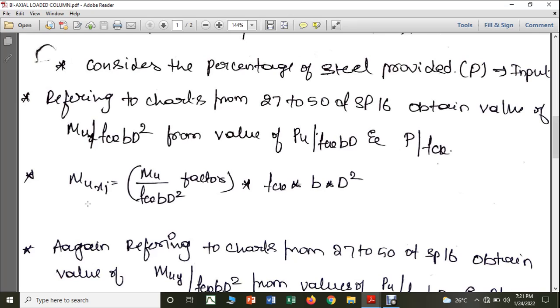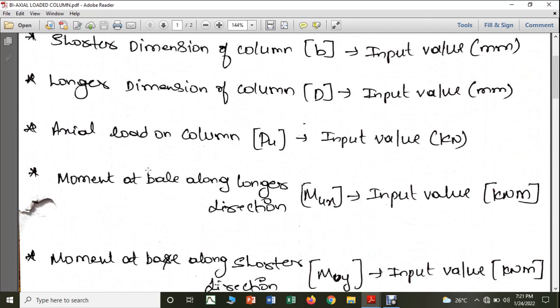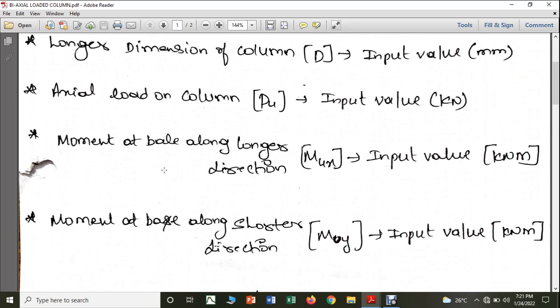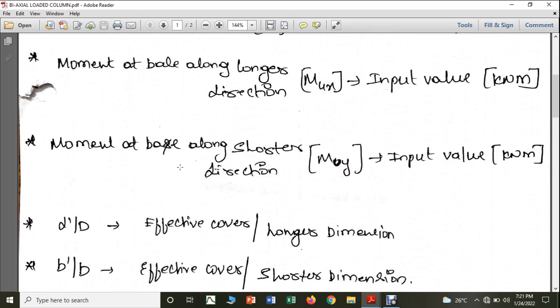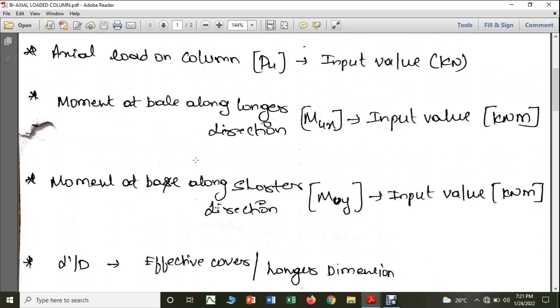Now this MUX is with respect to the longer dimension, the moment along the longer direction. Similarly you are supposed to find out MUY, the moment of the base along the shorter dimension.